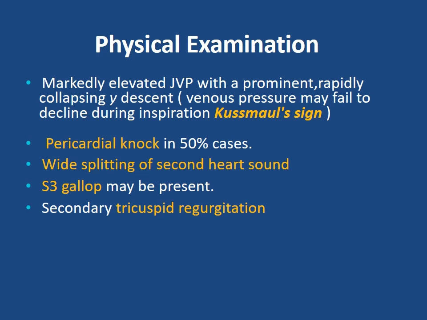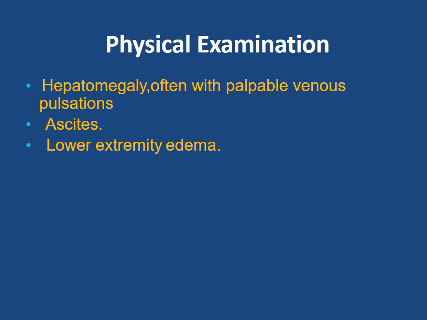Other signs which may be observed during the physical examination of constrictive pericarditis are the pericardial knock in 50% of the cases, wide splitting of the second heart sound, a gallop may be present, and secondary tricuspid regurgitation. Hepatomegaly, often with palpable venous pulsation, ascites, and lower extremity edema.